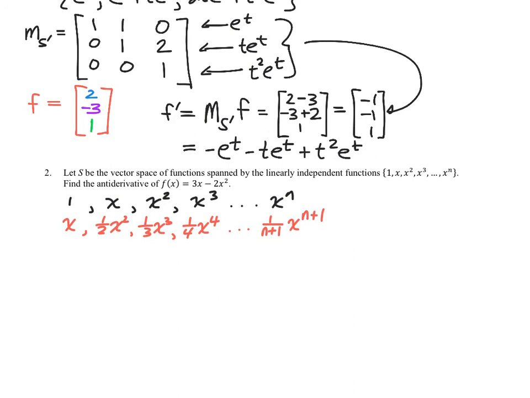All right. So what I want is an antiderivative vector that's flexible enough that it will produce the appropriate polynomial space.